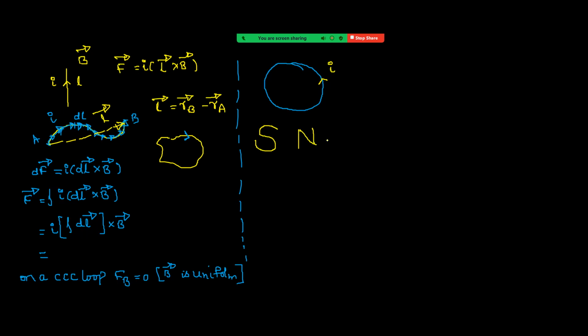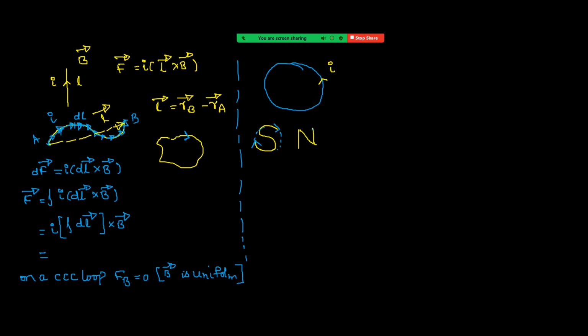So here take now arrows for these two. You can see here this is now clockwise. If current appears to be clockwise, then that face is acting as south pole.